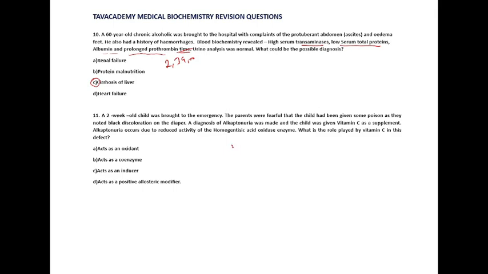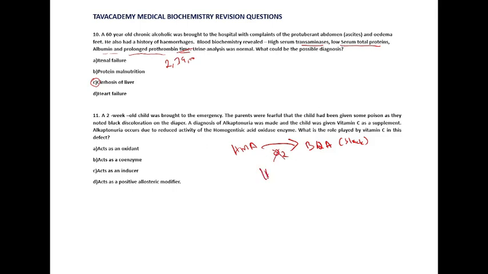Now, when homogentisic acid is oxidized, it's going to make benzoquinoacetic acid, and benzoquinoacetic acid is what's responsible for the black coloration of the diaper. So what we do to allay the mother's fear of the black discoloration on the diaper is we want to prevent this oxidation process from occurring.